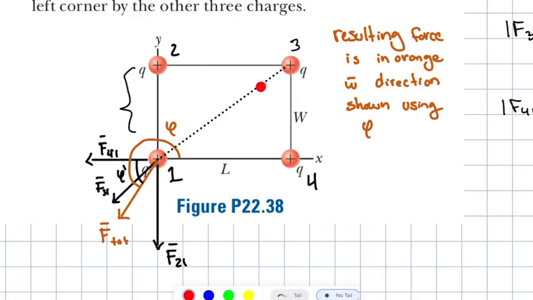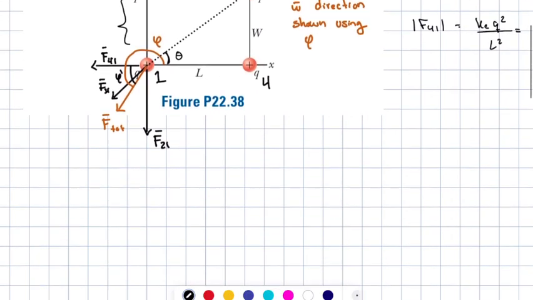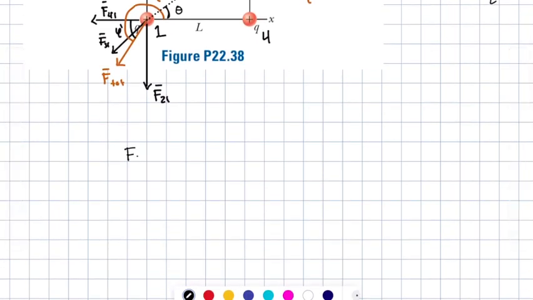As for 3, it's going to repel it off the diagonal. So there's going to be a negative x component and a negative y component. Because we are going to be dividing F31 into its components, we'll define this angle here to be theta. And then we can say the following. We can say that the F total, so the net force in the x direction, is going to be equal to negative F41, right?